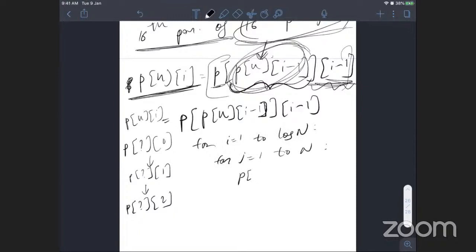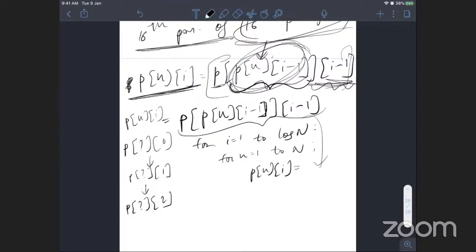Here I'll not use j, just use u to keep it simpler, because everyone is familiar with the u notation now. P U I equal to this complicated expression. Just put it here. That's how the looping works.